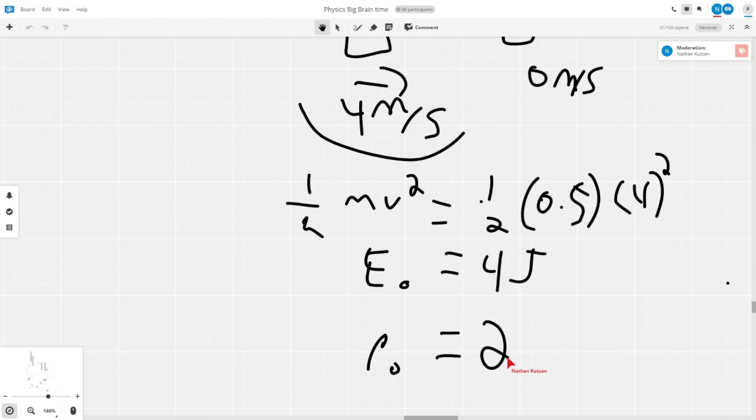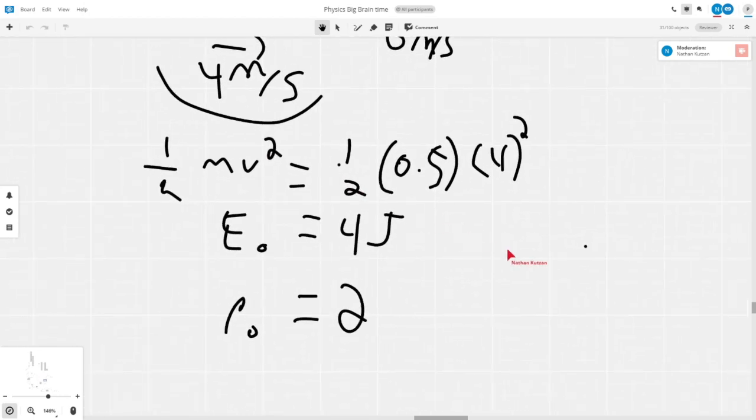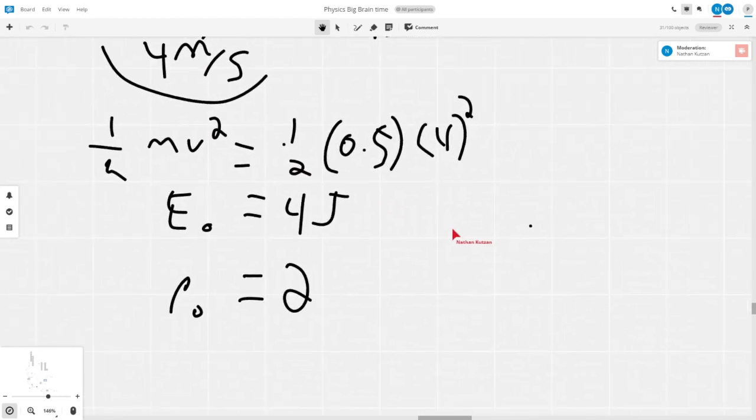Okay, that's fine. So we know the initial kinetic energy and we know the initial momentum from all of this. Remember, we're looking for the velocities of the ending two objects.